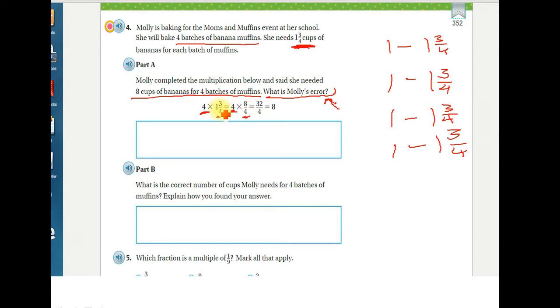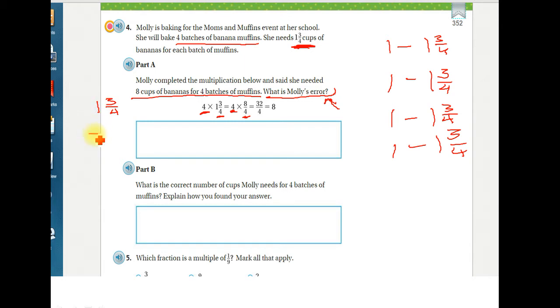Now, let's start there. Is 1 3/4 equal to 8/4? Well, to figure that out, we have to change this mixed number into an improper fraction like she did. Now we've gone over the way of breaking down 1.